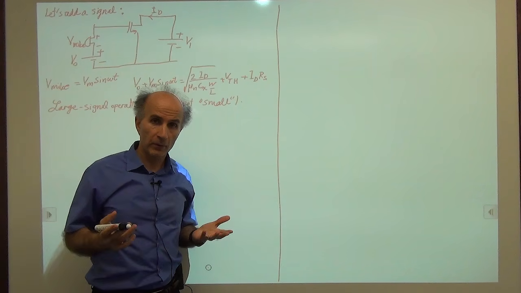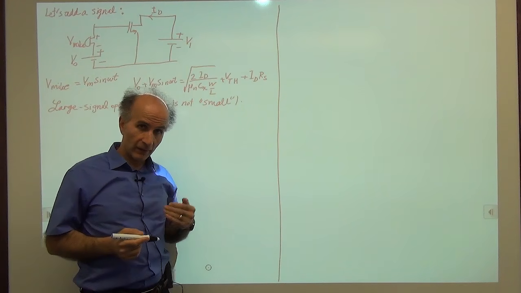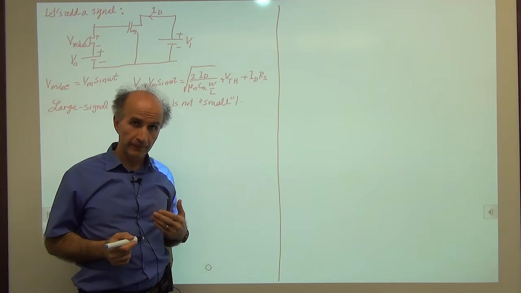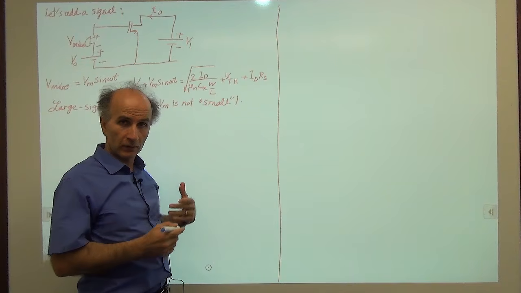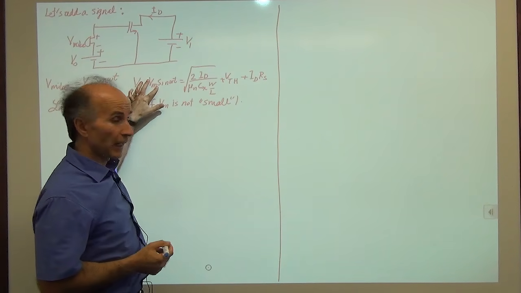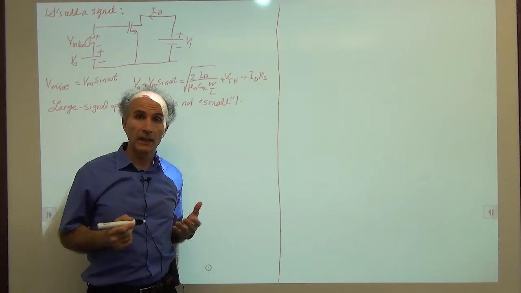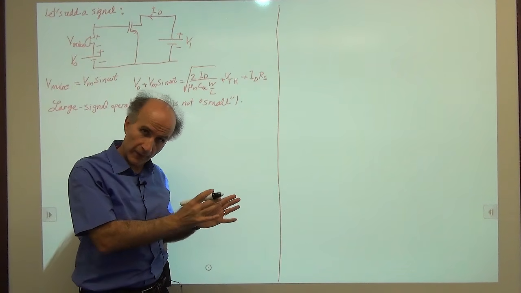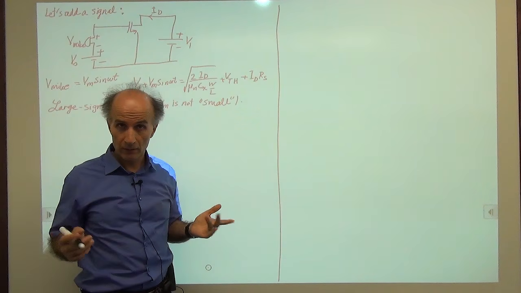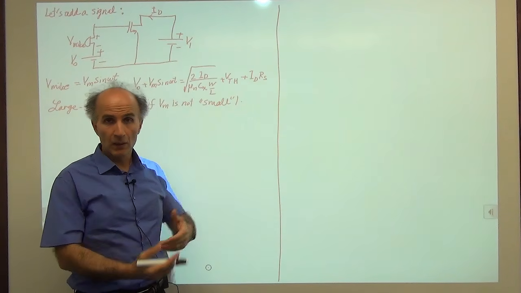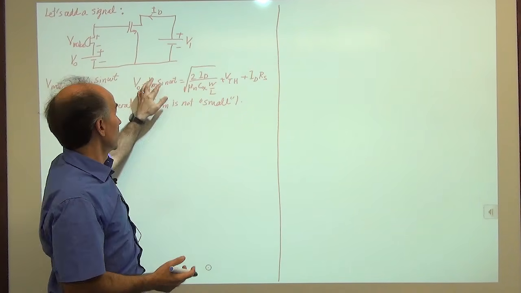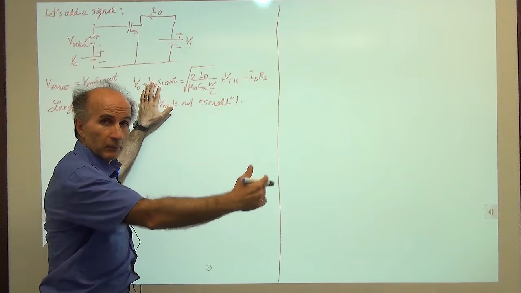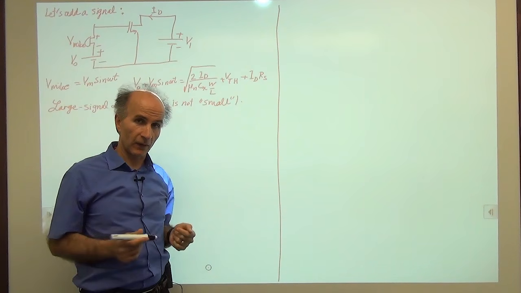So by large signal operation, we mean the signal that's coming to the circuit has a certain amplitude, and that amplitude is not assumed to be small enough. Small enough for what? We'll have to see. But it's not assumed to be small. So it can be anything you want, right? It can become very large. This Vm can be 10 millivolts, 15 millivolts, 100 millivolts. We haven't specified anything.